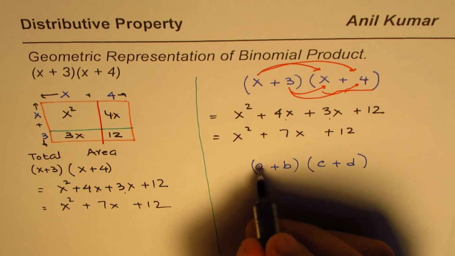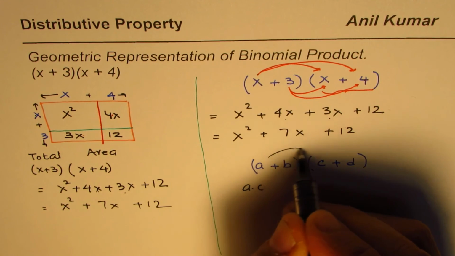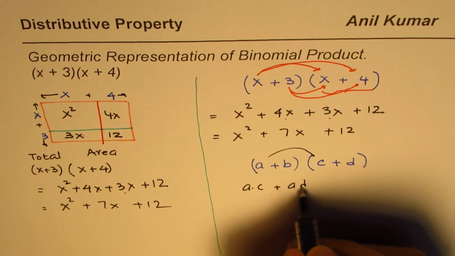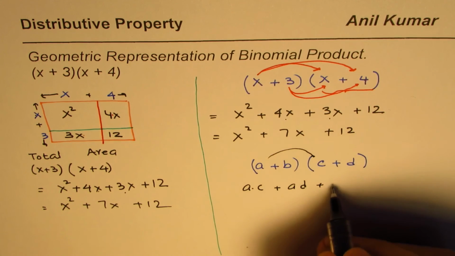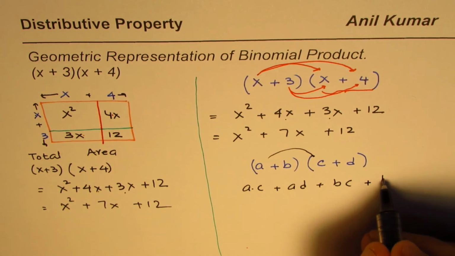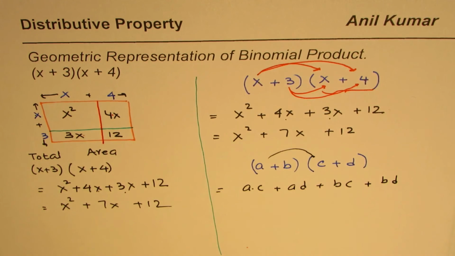So you get ac, a times c. So a with c, then a with d, plus ad, and then bc, and then bd. So that will be the expression in general, right?